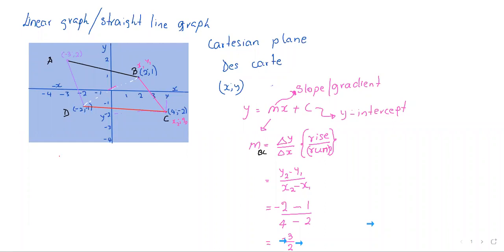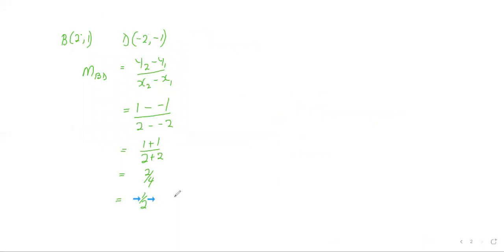So BC is decreasing because the value of the slope is less than 0, which means the value of the slope is negative, while the slope of BD is positive.